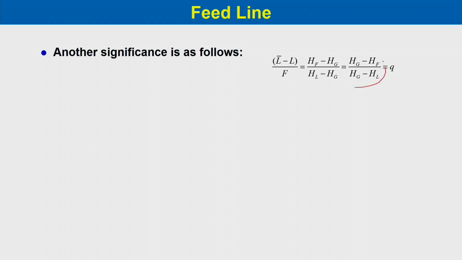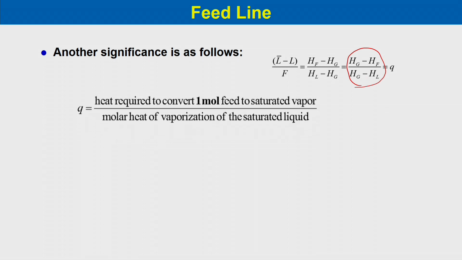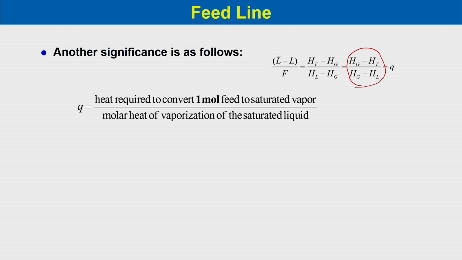And from the right hand side, (Hg minus Hf) by (Hg minus HL), we can write the heat required to convert 1 mole of feed to saturated vapor divided by the molar heat of vaporization of the saturated liquid. We can see that HL is the enthalpy of the saturated liquid and Hg is the enthalpy of the vapor.